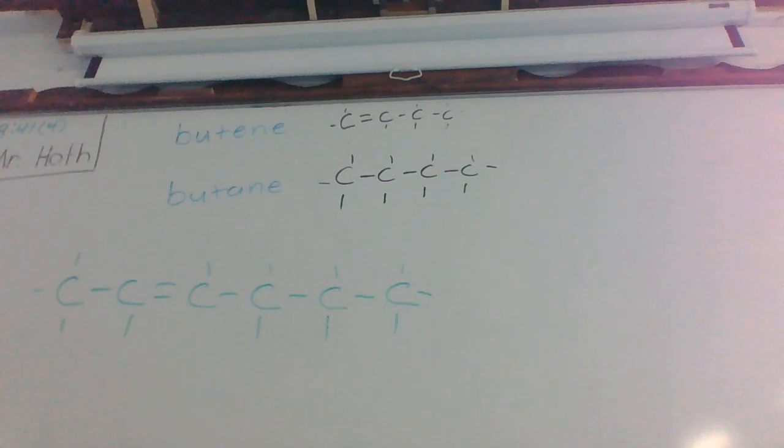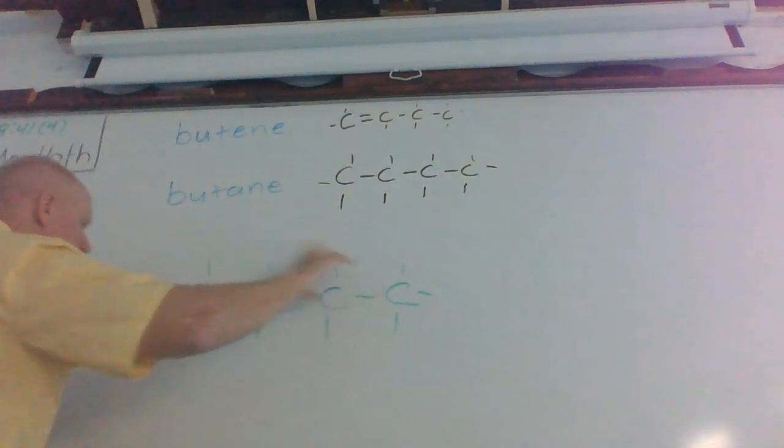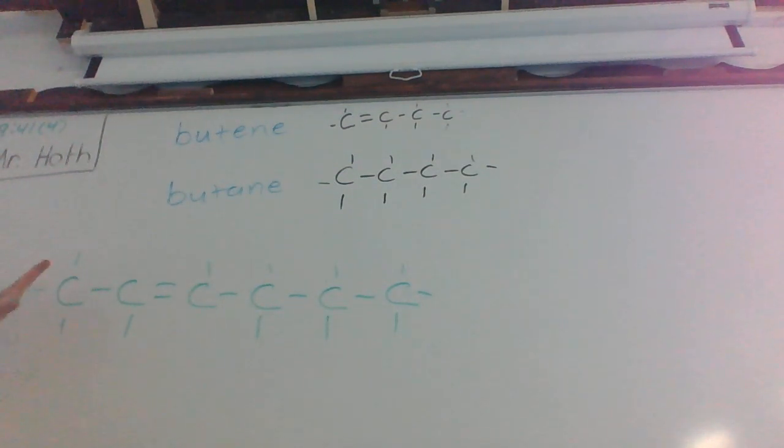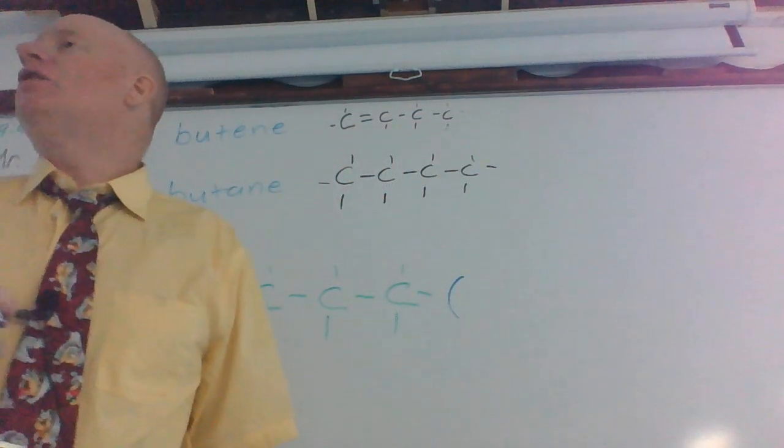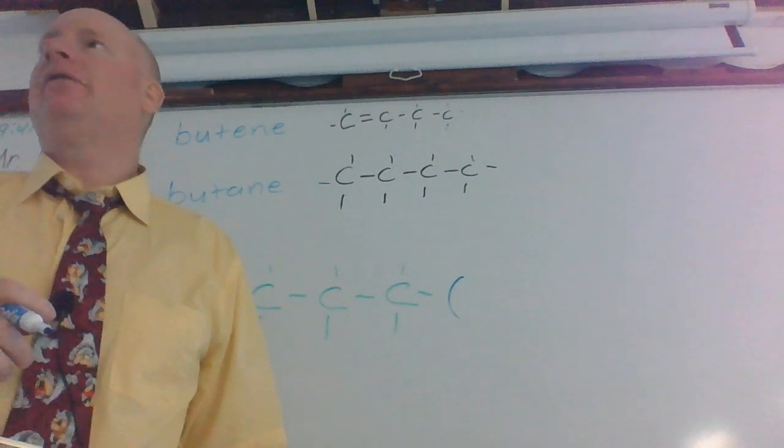So is that symmetrical or asymmetrical? It is symmetrical, okay? So in order for this to be asymmetrical, you would have to be over here or over here. And don't get hung up on how many carbons are on each side to make a mirror image, okay? The reason we say that is if we have this symmetrical compound and we're going to react that with, you want the symmetrical type or the asymmetrical type?